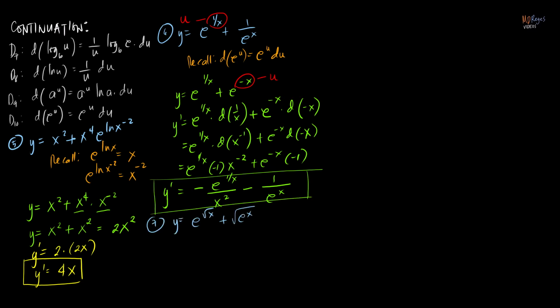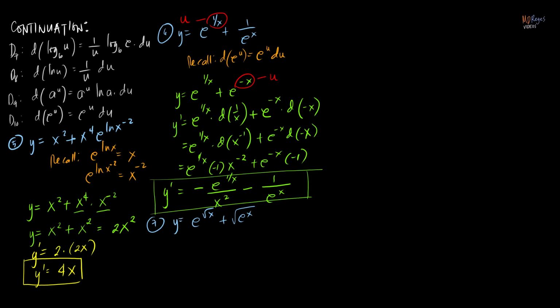The next function is y equals e raised to square root of x plus square root of e to the x. So in number 7, in the first term, we'll use the formula for the derivative of e to the u. In the second term, we'll use the general power rule. We have to write all the radicals using rational exponents.